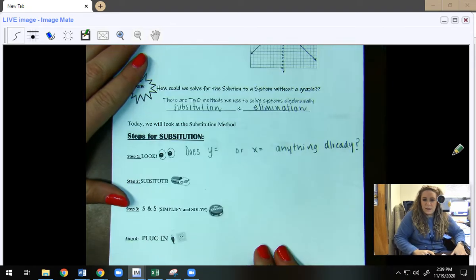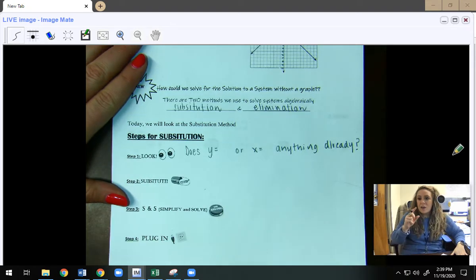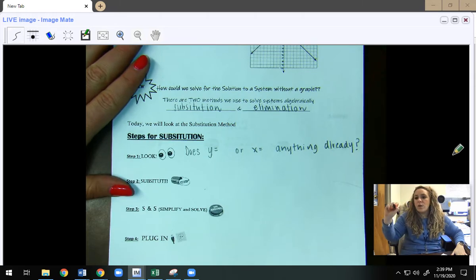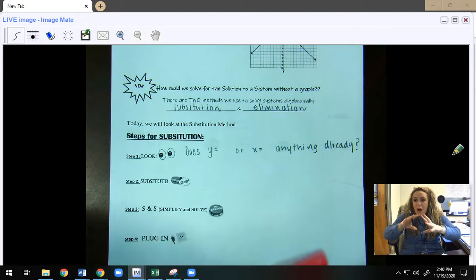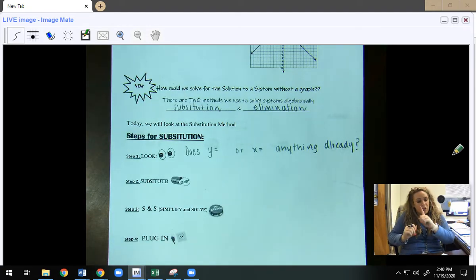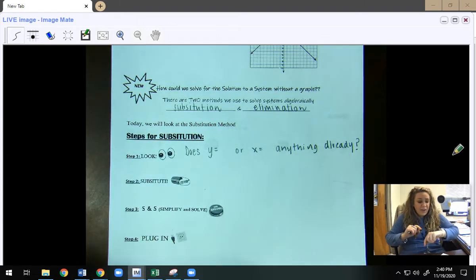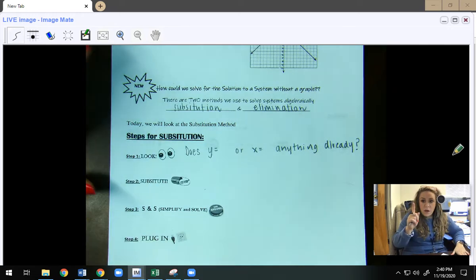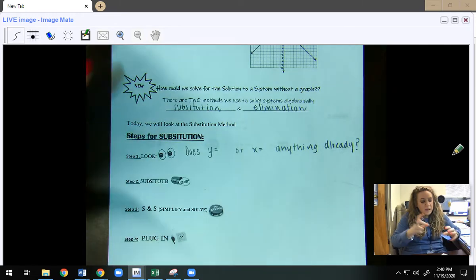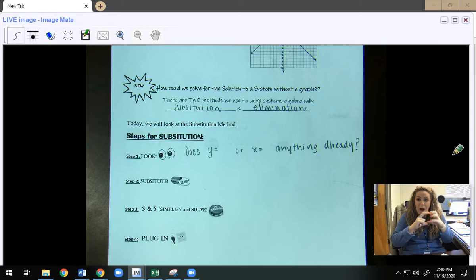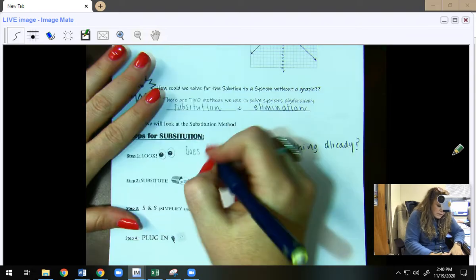Okay, so what does that mean? It means that if you had 2 equations, one of those equations would say y equals something, or it would say x equals something. It wouldn't have x's and y's combobulated on one side. If it does, what you do is you take that equation, that y equals, and you substitute it in for y.